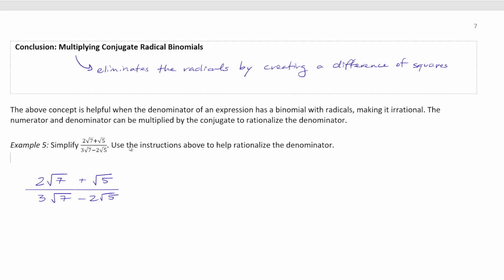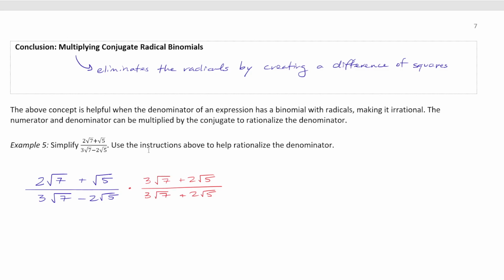So we can't cancel these. What I'm going to do is multiply this by the conjugate binomial of the denominator, so 3√7 + 2√5 over 3√7 + 2√5. Again, this is acceptable because I am basically multiplying by 1. If you have the same thing in the numerator over the denominator, that's just 1.